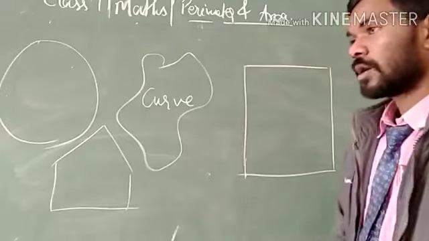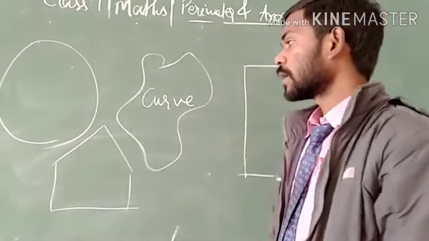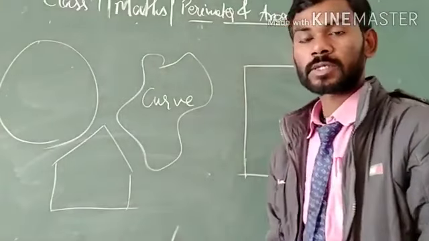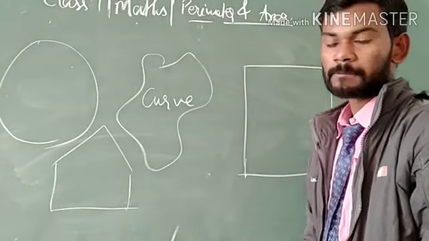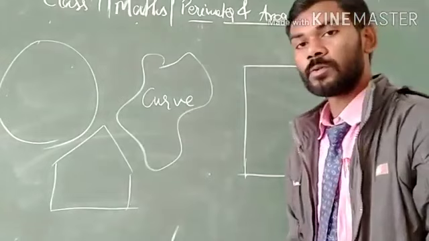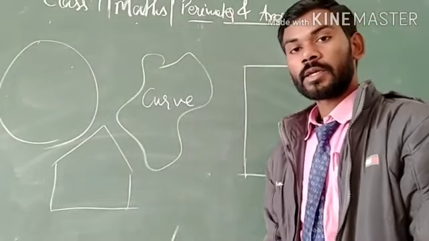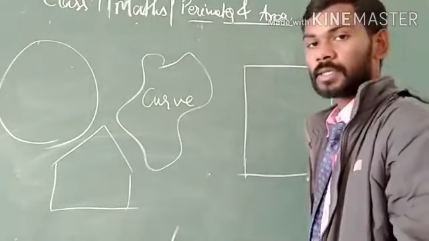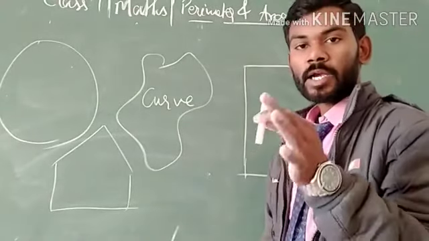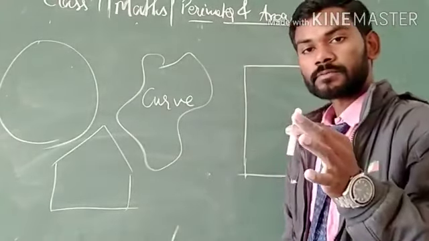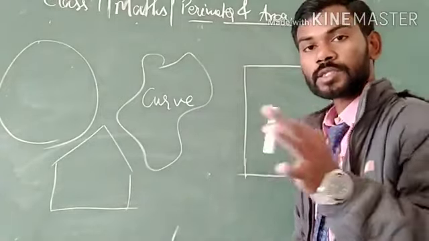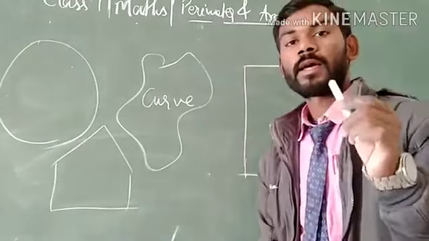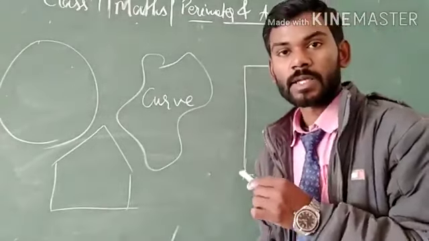So when a point is moved in a circular path, its locus forms a circle, and when it moves in indefinite order, the locus forms an irregular figure, and when it moves in a straight rectilinear path, it forms a line segment.